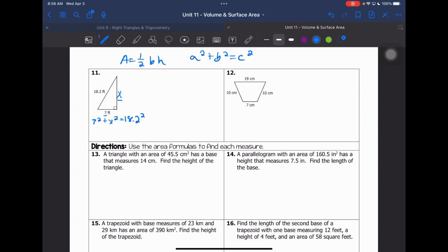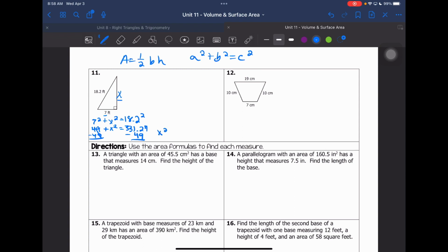So in order to solve this, you could find out what 7 squared is, which would be 49. And then you could also find out what 18.2 squared is, which is 331.24. Then you can subtract this 49.